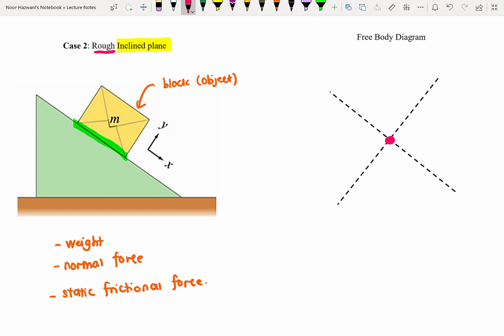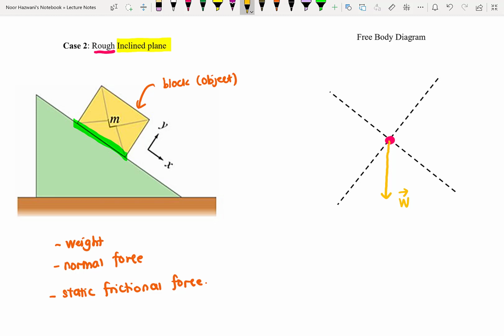And then we are going to draw weight. And in any situation, like I mentioned a few times, weight should always be pointing downward. So this is our weight, the arrow must be downward, and don't forget to label your W. And second, you want to draw your normal force.